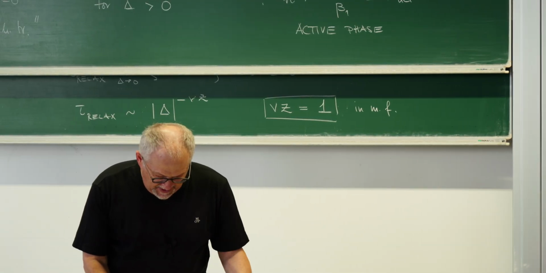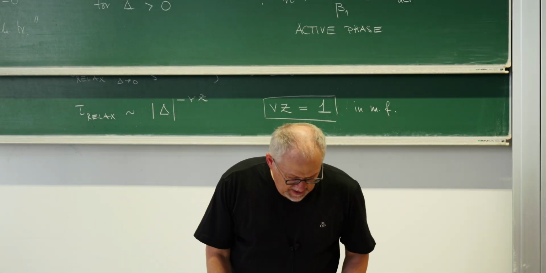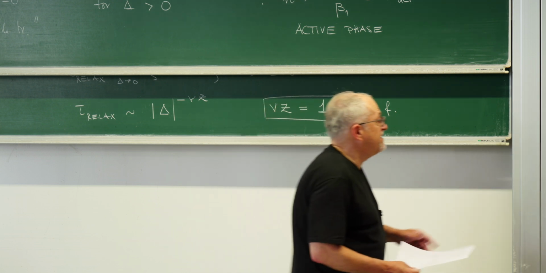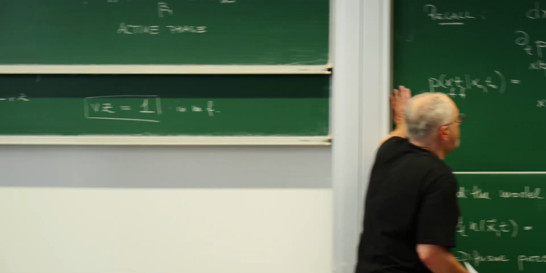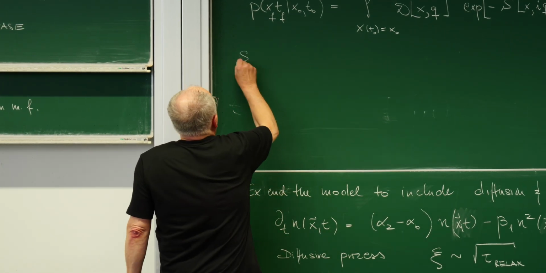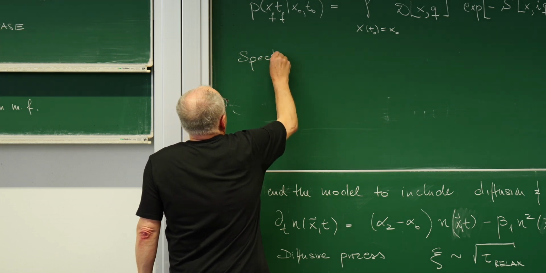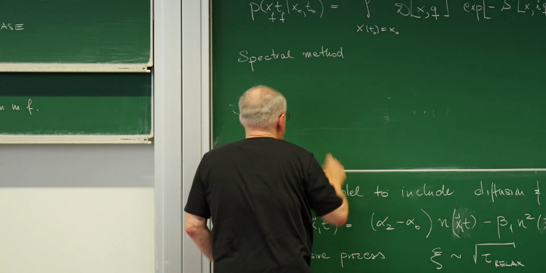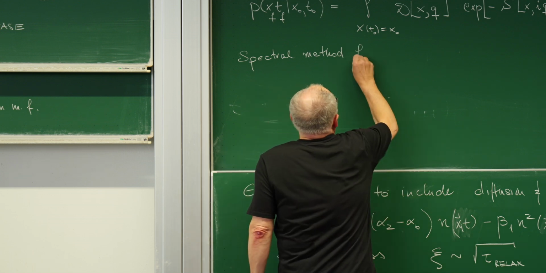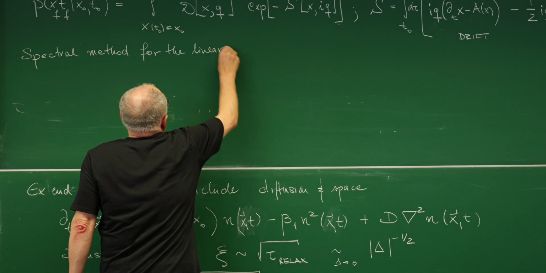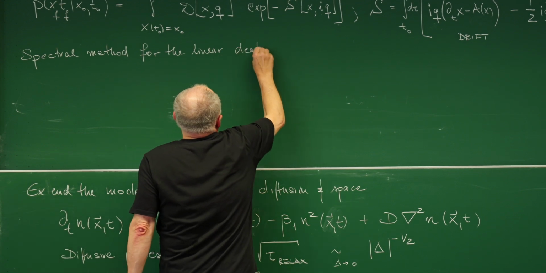And now let me give you a kind of an appetizer for how this works. I'll call this the spectral method for the linear death process.